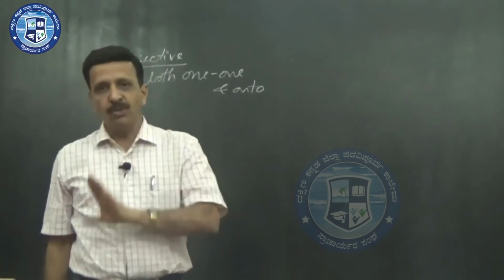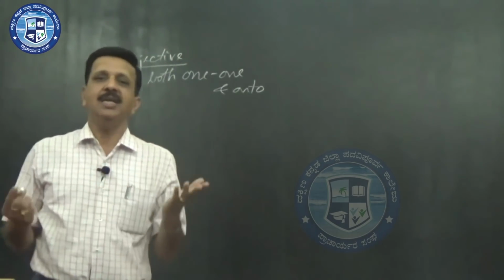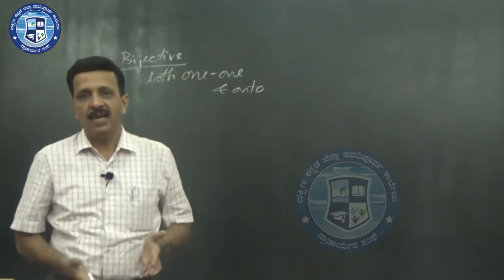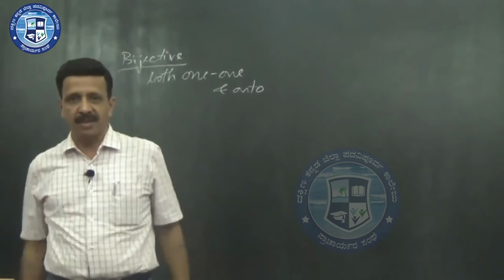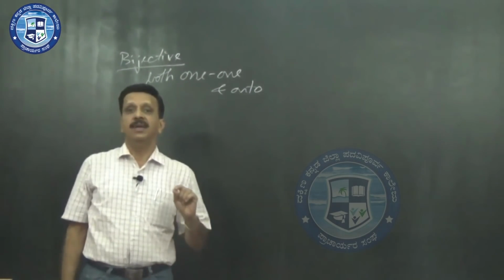Since it is onto, no element of set B is left out either, which clearly says that in case of a bijective function, the number of elements in set A must be equal to that in set B. This is the characteristic feature of a bijective function.